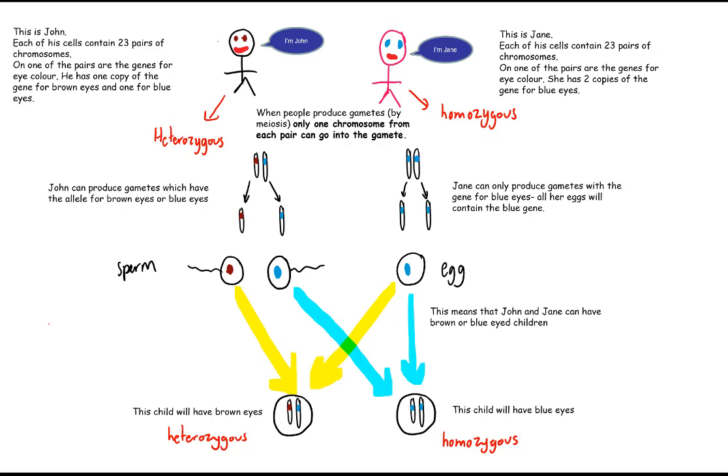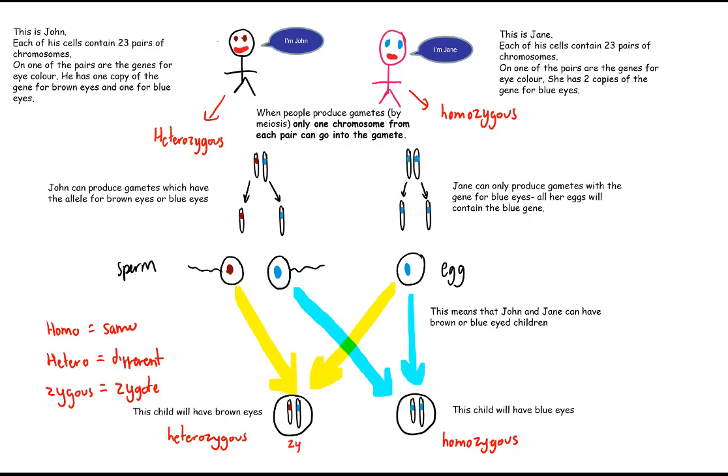Now, to summarise that, homo means the same, hetero means different, and the zygous part comes from the zygote, which you'll remember was formed when the sperm and the egg fused together.